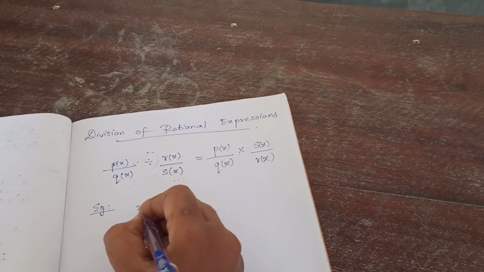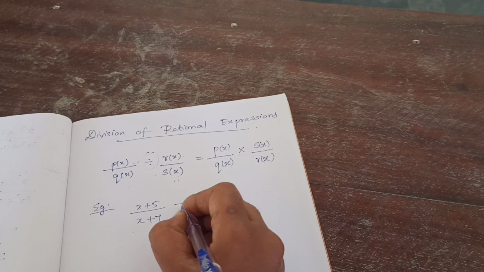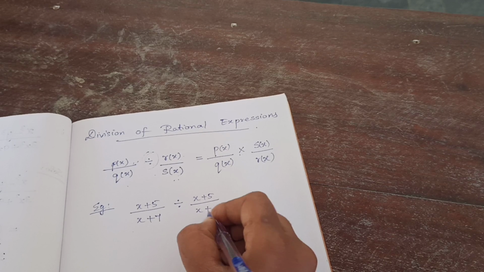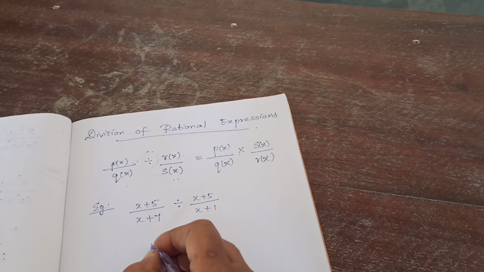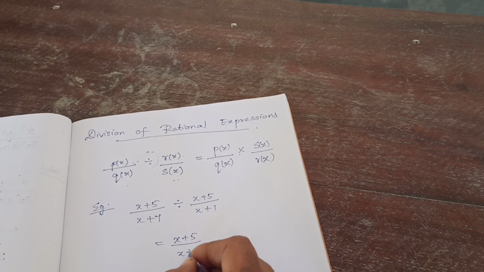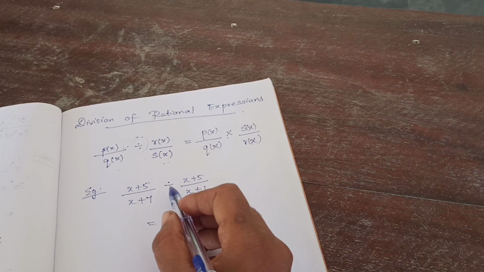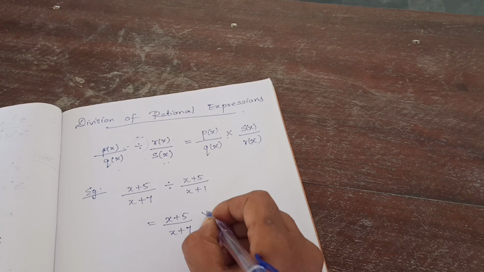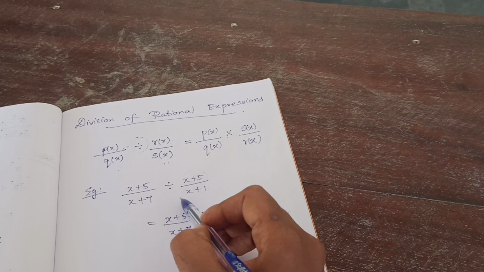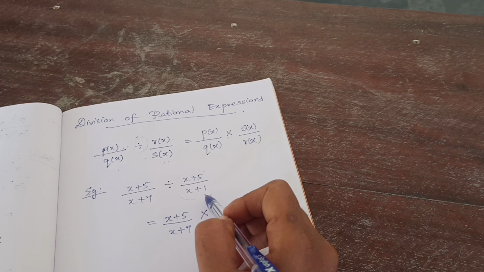Listen. x plus 5 divided by x plus 7, divided by x plus 5 by x plus 1. How can we divide this? x plus 5 divided by x plus 7. Just I am changing the sign, that is division into multiplication. So into. Now what is the thing I need to do? I want to take the reciprocal of the second term.